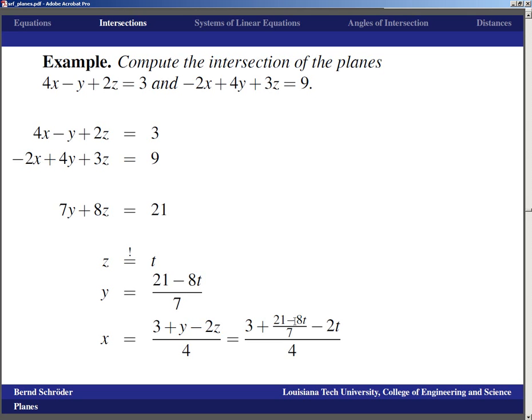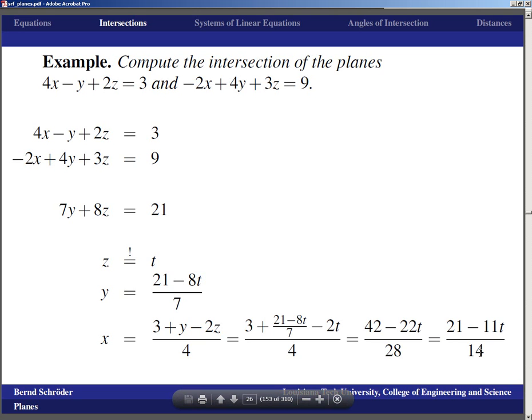Once I work out the division, I get a denominator of 28. In the numerator, 3 times 7 is 21, so 21 plus 21 gives me 42, and negative 14t minus 8t is negative 22t. So I end up with 42 minus 22t divided by 7 times 4, which is 28. I can cancel a 2, so I end up with 21 minus 11t divided by 14.